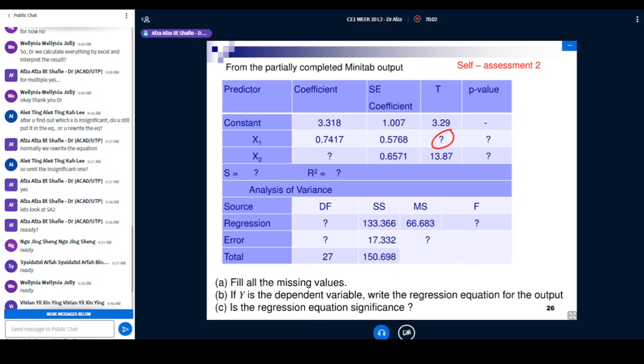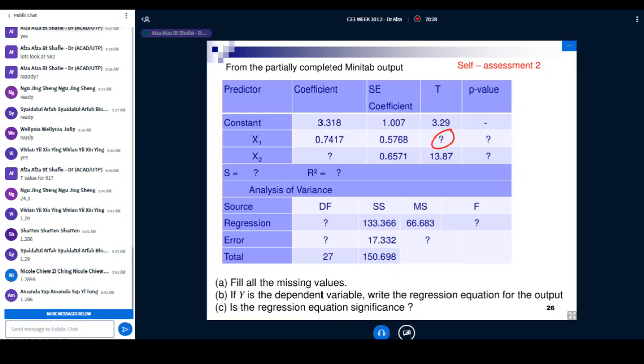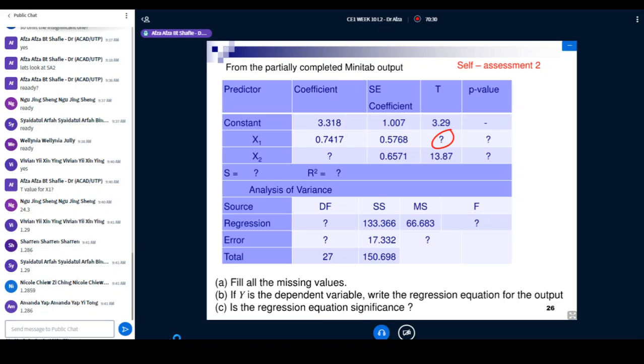So the T value for X1 equals 0.7417 divided by 0.5768.